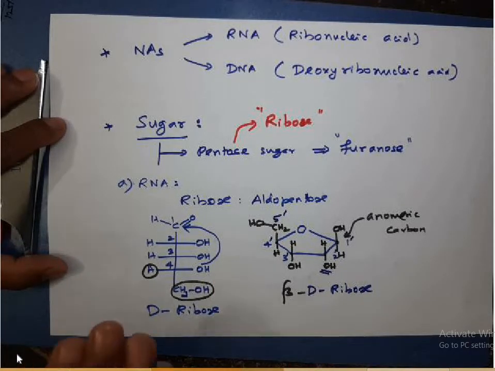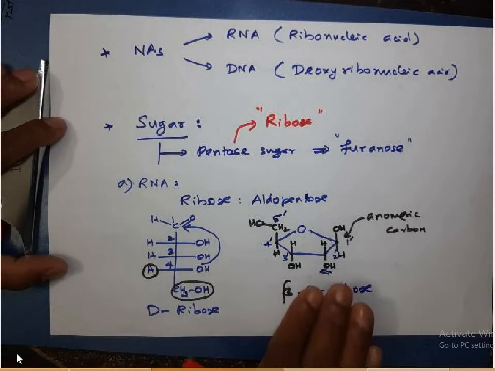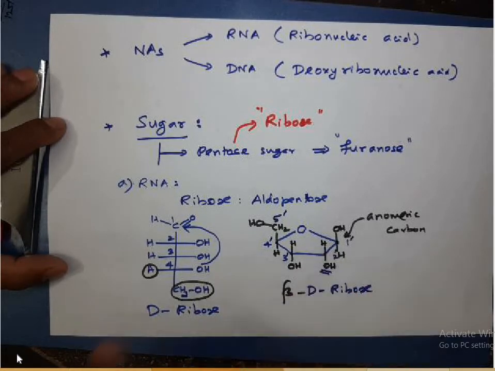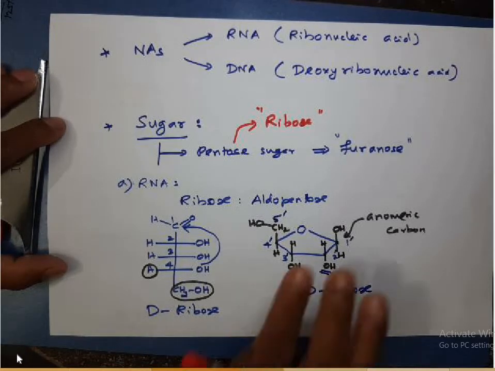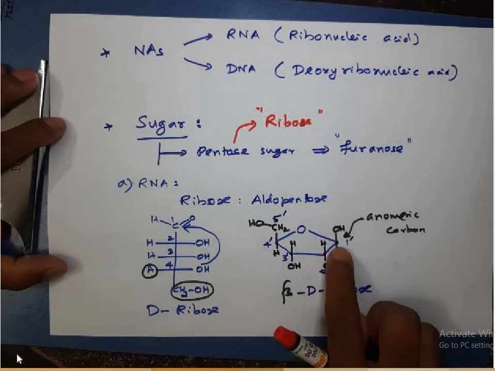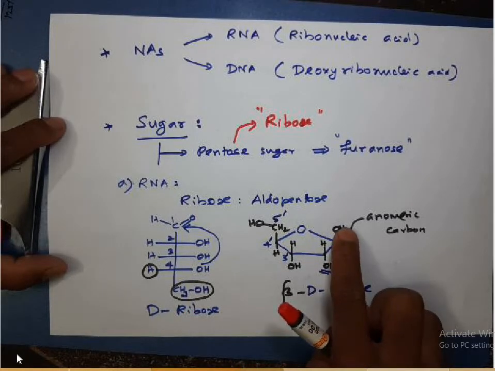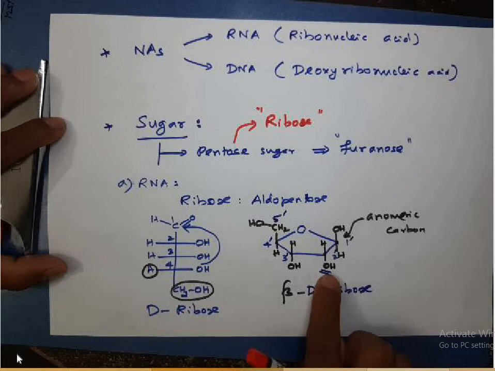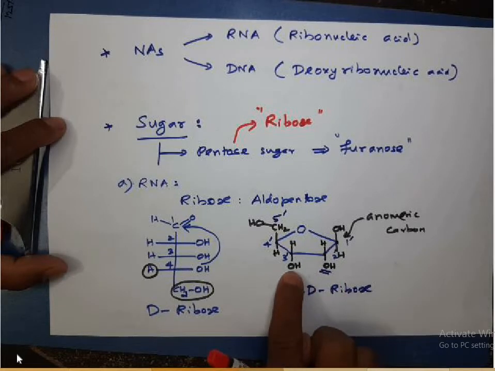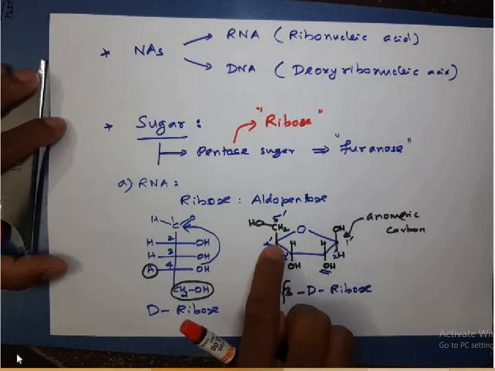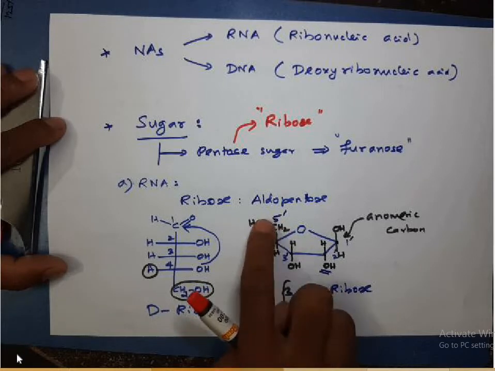In RNA, the ribose sugar is actually present in cyclic form, and this cyclic form is called beta D ribose. Remember the structure. In carbon number 1, the OH group is above the ring. Carbon number 2, OH group below. Carbon number 3, OH group below. Carbon number 4, hydrogen below, CH2OH above.